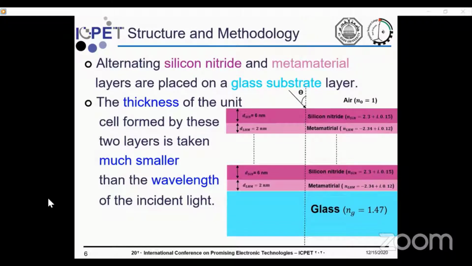In our structures, we are using alternating silicon nitride and metamaterial layers placed on a glass substrate layer. Metamaterials are artificial materials. They have both epsilon and mu negative.